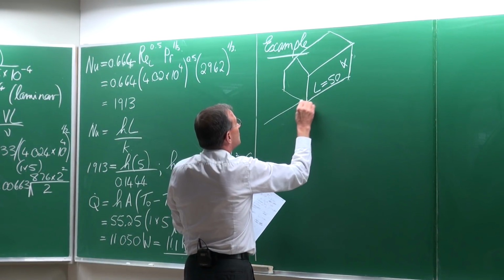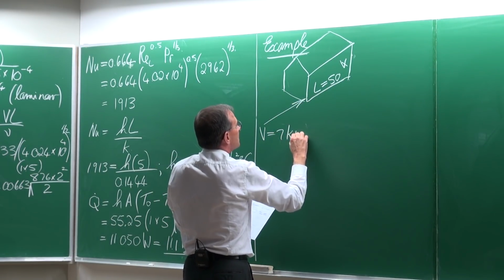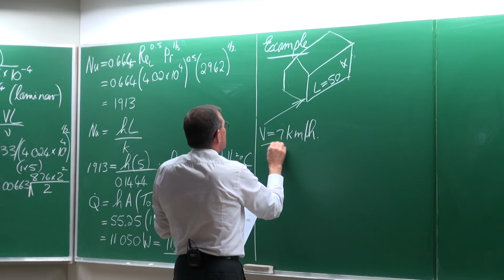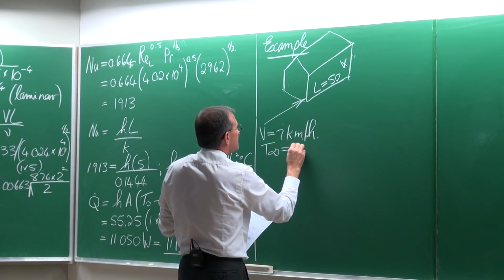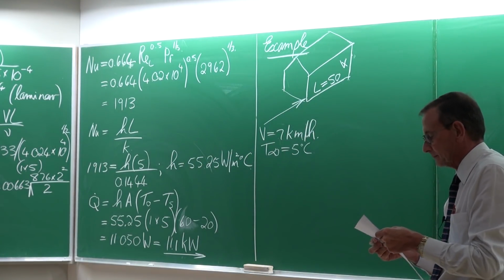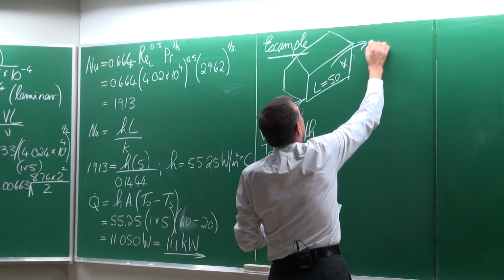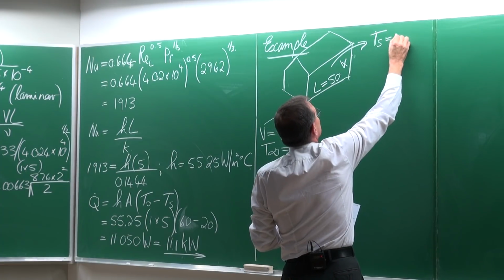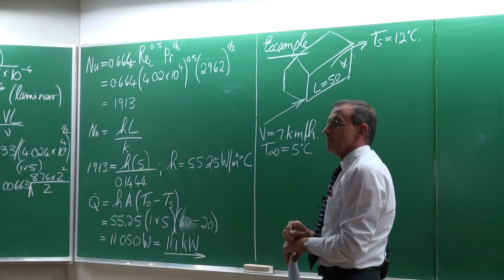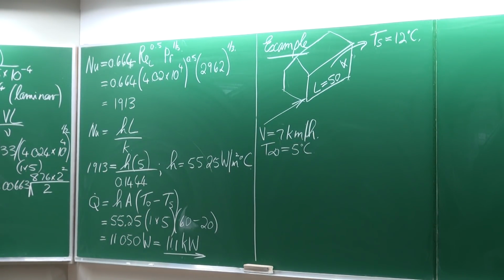And there's a wind blowing at a velocity of 7 kilometers per hour, and it's a cold wind, and its temperature is at 5 degrees Celsius. And the surface temperature of the wall is at 12 degrees Celsius. Now that would be a typical temperature if the room on the inside is being maintained at a temperature of 20 degrees Celsius.